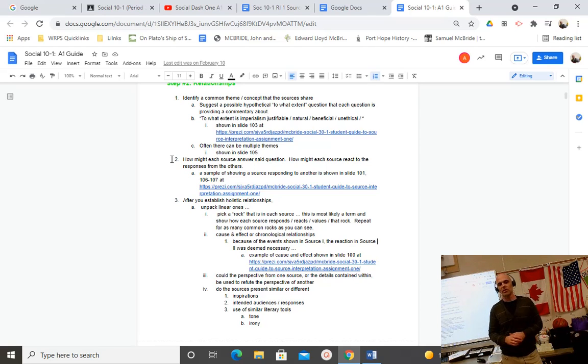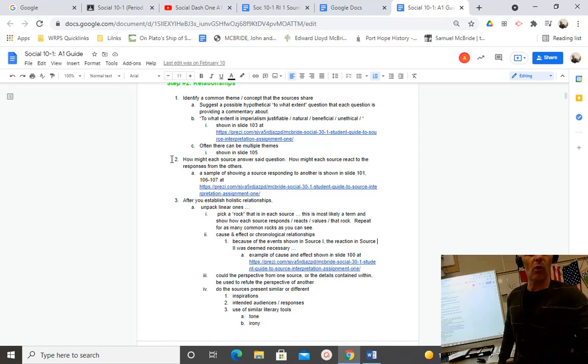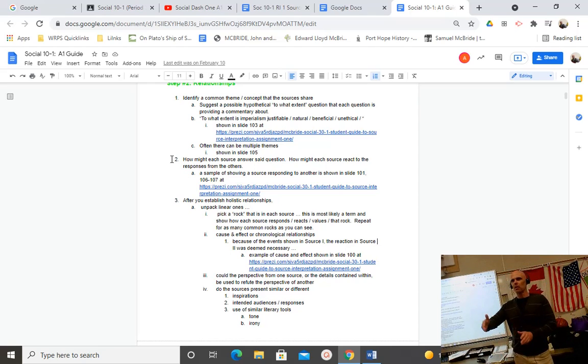The cartoonist that illustrated source 2 would say this. And the people that organized source 3 from progressiveview.org, they would respond to the question by stating this. That's a logical next step. Step 1, here's the question. Step 2, this is how each one answers the question.